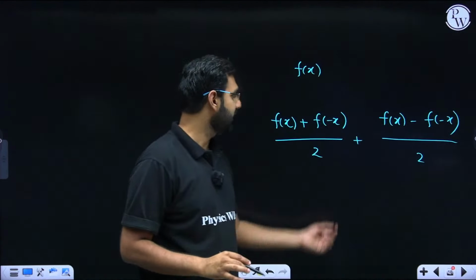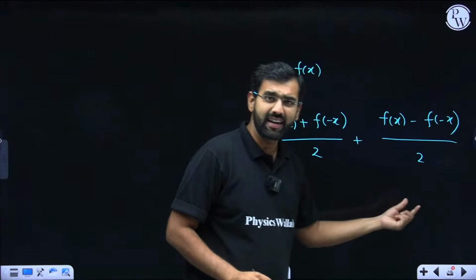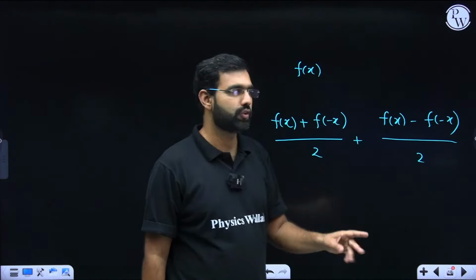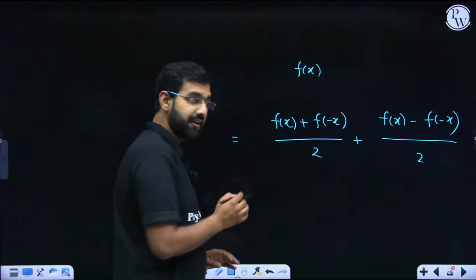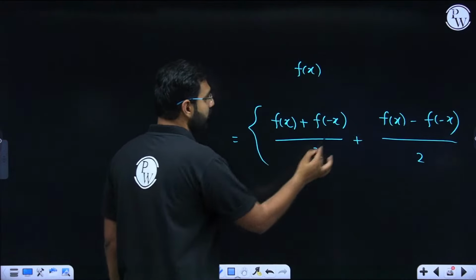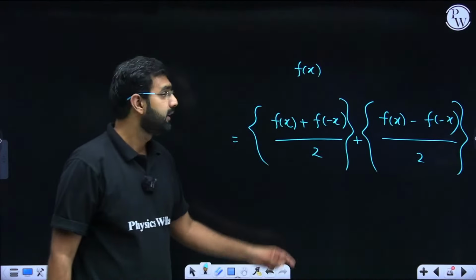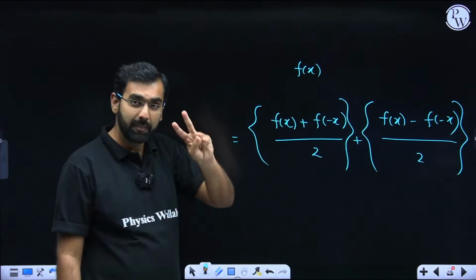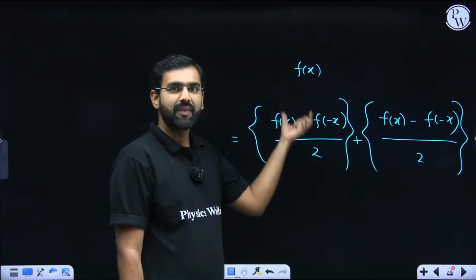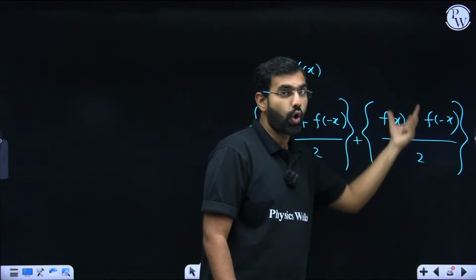When you simplify this, the f of minus x terms are cancelled, and 2f of x by 2 gives you finally f of x. But if you pay attention, this part of the function is the even part, and this part of the function is the odd part, which means every function in this world can be expressed as a sum of an even function and an odd function.